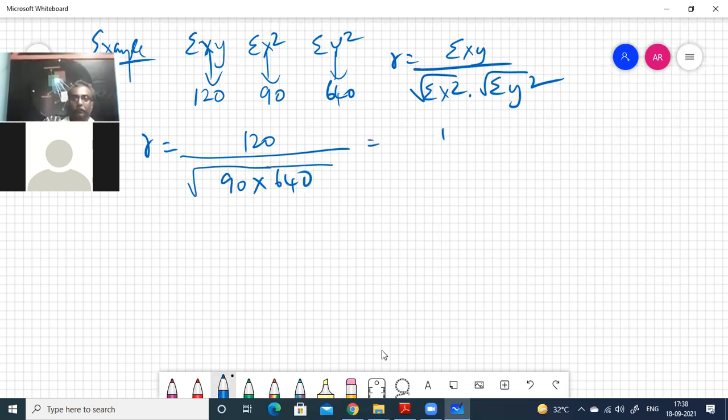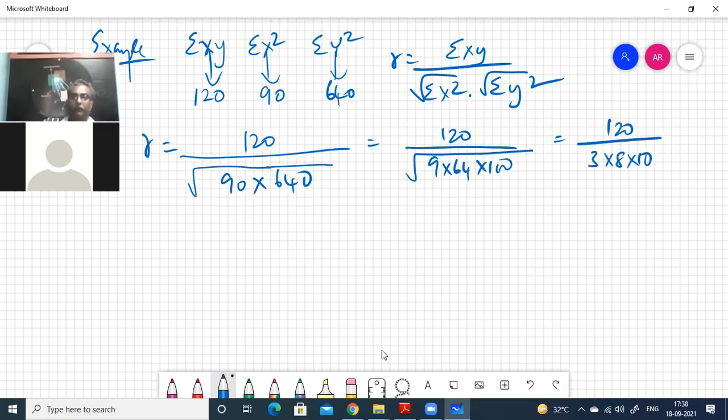That is 120 divided by root of 9 into 64 into 100. That is 120 divided by 3 into 8 into 10, which is 24 into 10, 240.